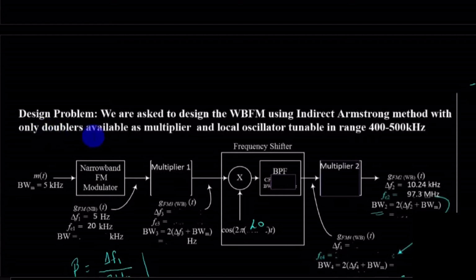We can only use doublers. So these doublers can be in the shape of 2 power n1 and 2 power n2. Whatever is over here will be multiplied by 2 power some integer n1, and you will have an output over here. Similarly, whatever is over here will be multiplied by 2 power n2, and then you will achieve these parameters which are already given to us.